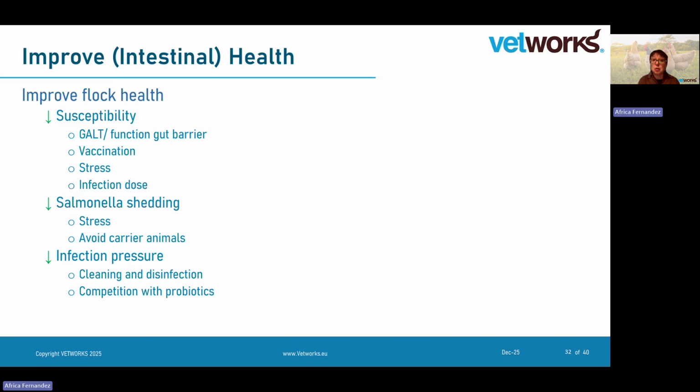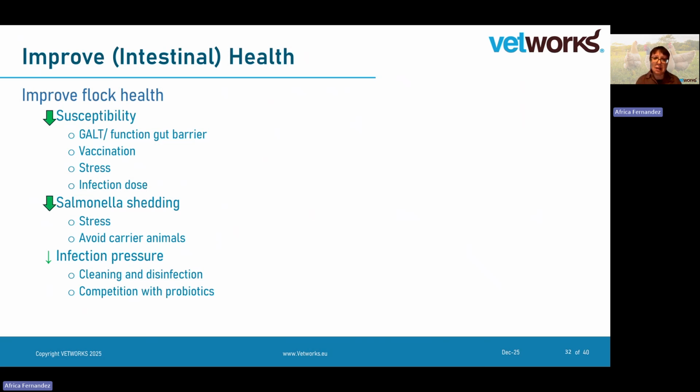So to improve intestinal health in a flock, we need to reduce susceptibility, so improve the function of the gut health, vaccination, reduce stress, reduce the infection dose, so making the birds less susceptible to the infection, and reduce Salmonella shedding.